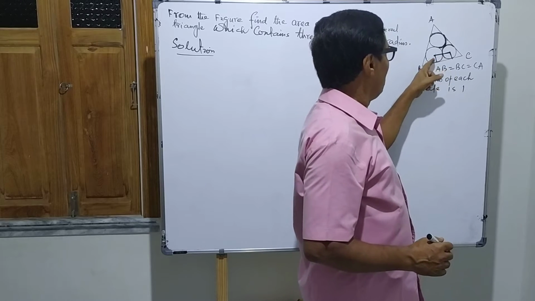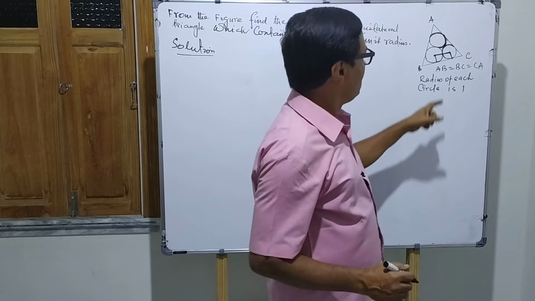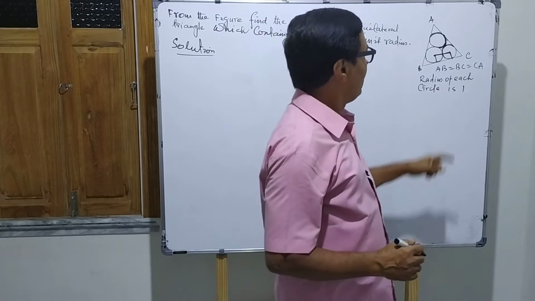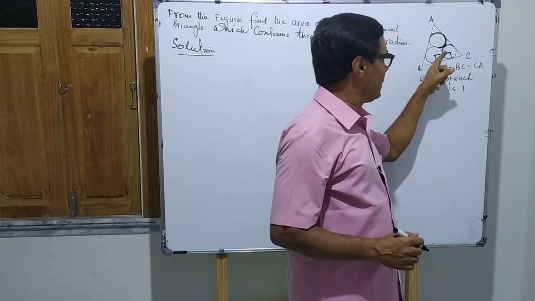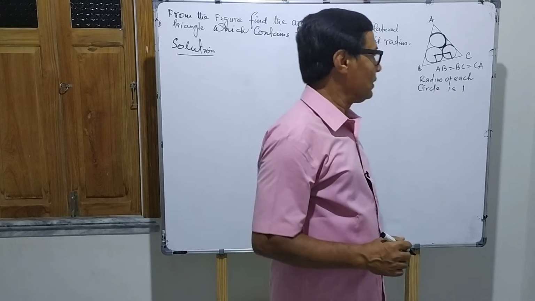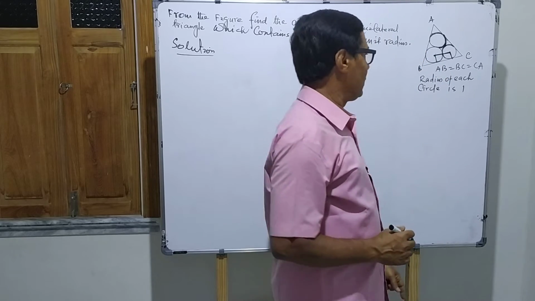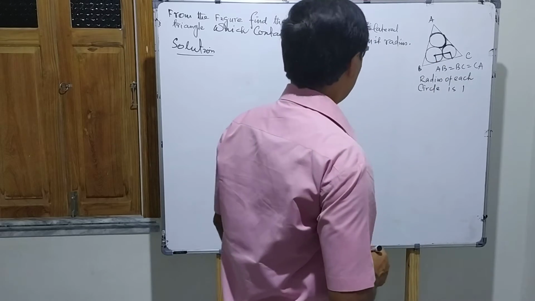Now we have got a geometrical figure which can be geometrically proved to be a rectangle.